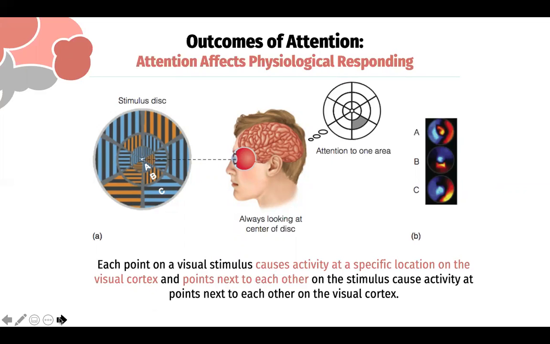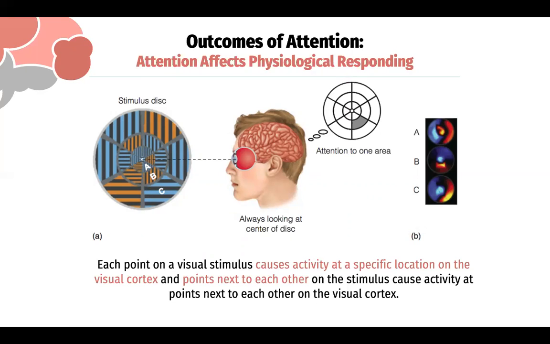To answer the question, what happens in the brain when people shift their attention to different locations while keeping their eyes stationary, the researchers measured brain activity using fMRI as the participants kept their eyes fixed on the center of the display in this figure and shifted their attention to different locations in the display.